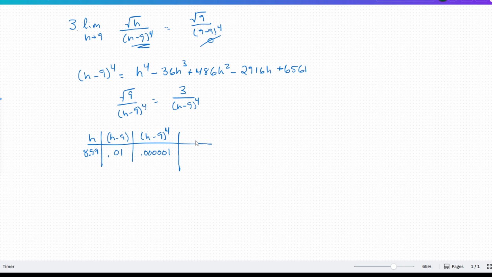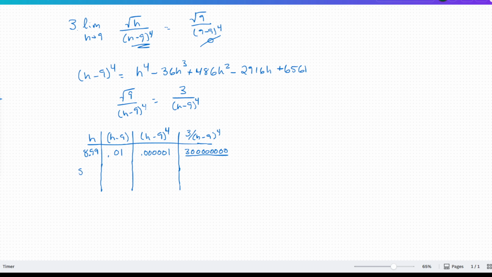So then finally you take 3 and you divide it by that number. That's what we want to see, what's happening here. So in this case, for this first one, it's going to be a really big number. So as we can see, when we take a number on top of 3 and we divide it by a really small number, we get a really big number.